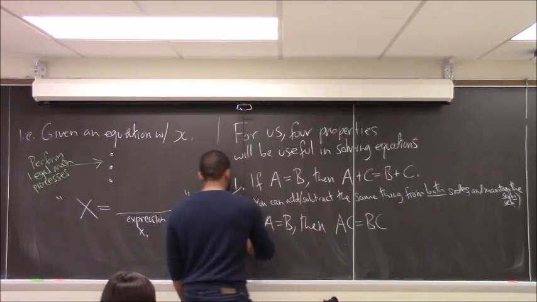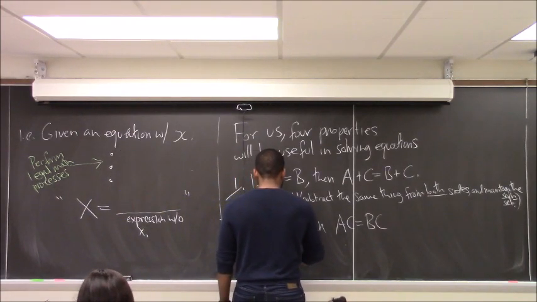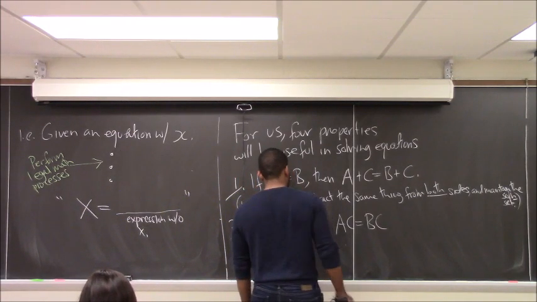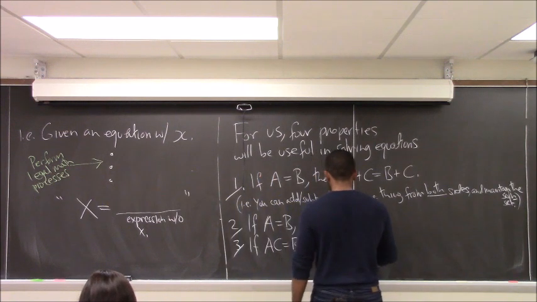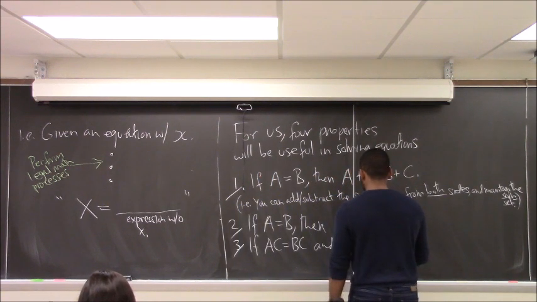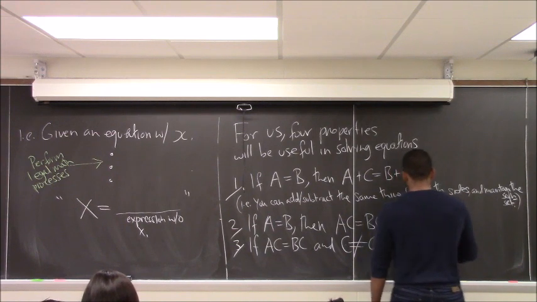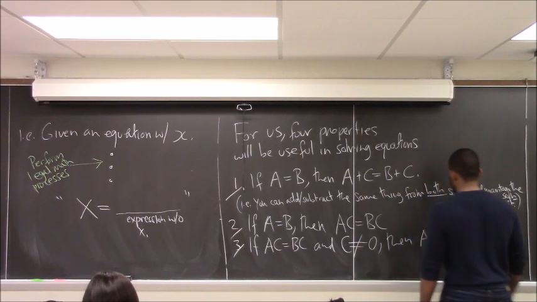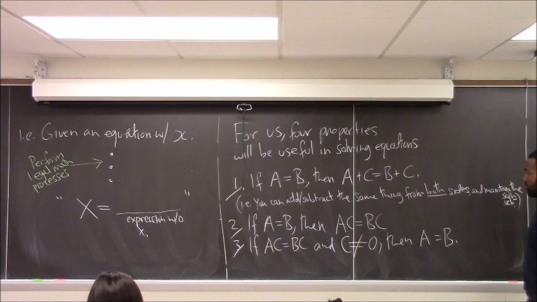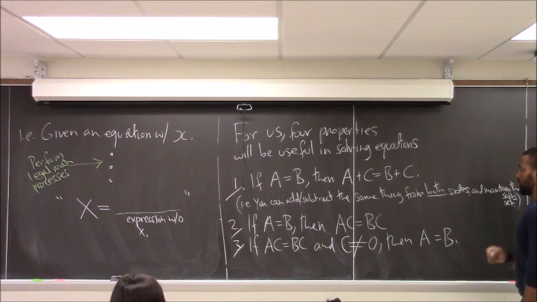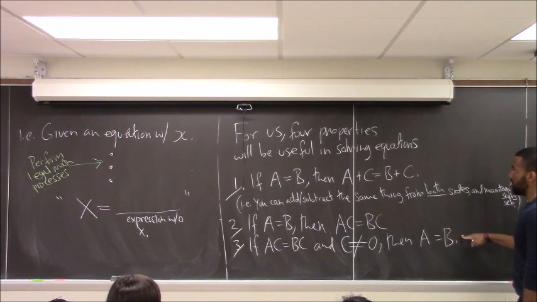And if AC equals BC, and your C is not equal to 0, then your A must be equal to B. Now that's something very specific to us.